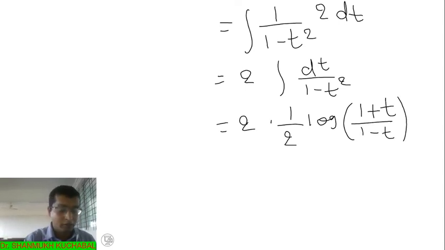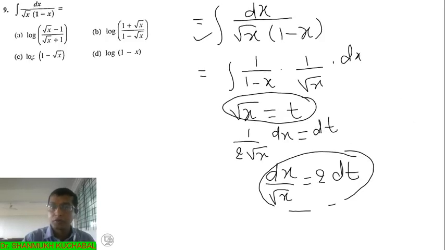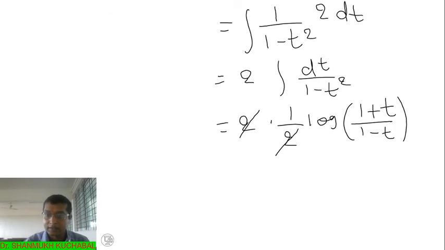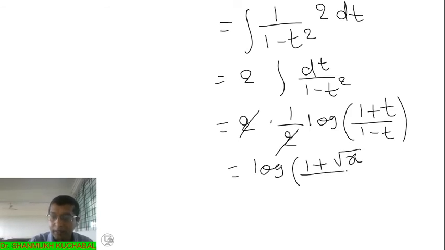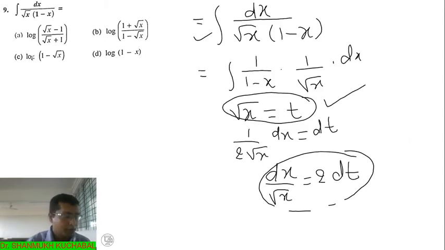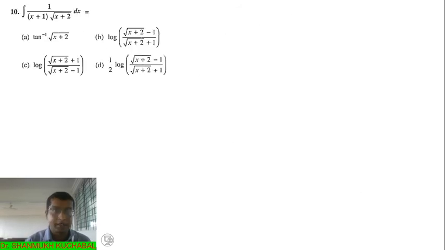So further the 2s cancel. Now we substitute the value of t as root x here. So we get log of 1 plus root x divided by 1 minus root x. So this is the answer. Therefore option B is the right answer. Okay, we'll move to example number 10.